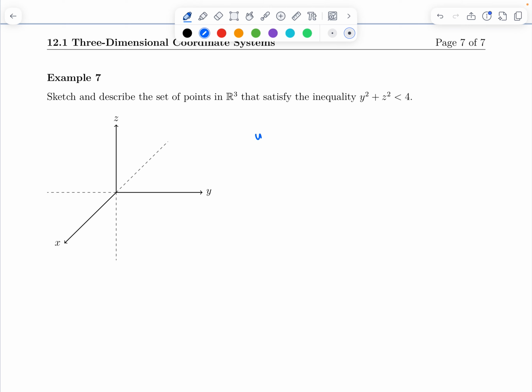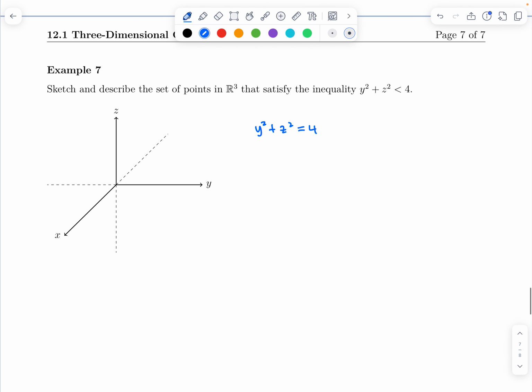So I'm going to begin by taking y squared plus z squared and setting it equal to 4. And I notice that this is an equation that only has two variables in it. If you recall from a previous example in this lesson, we looked at things like x plus y equals 1, or y equals x squared, or z equals x squared.